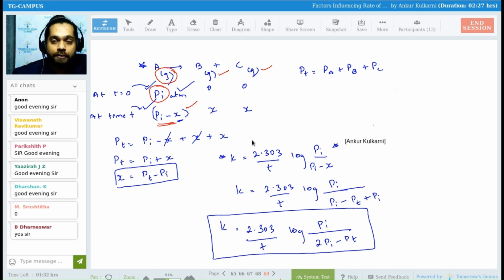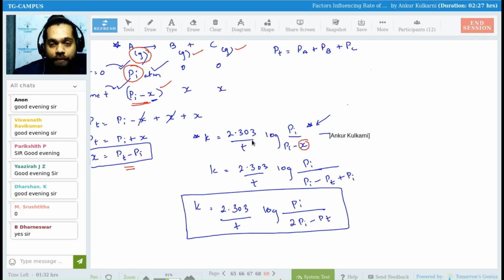Okay. Now look over here. What we have done, we have found out the value of x before this. So I have just substituted this value of x over here. If I want, I'll add one step. K is equal to 2.303 over t log of Pi over Pi minus x.